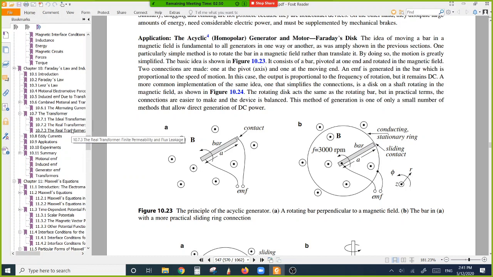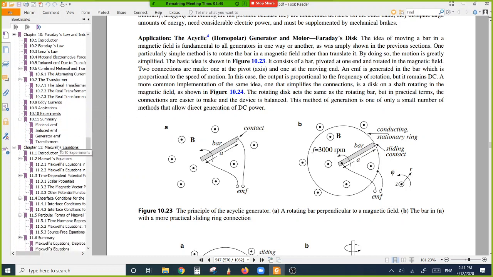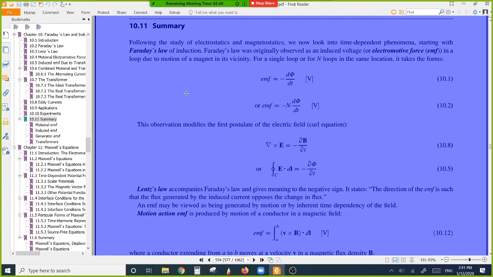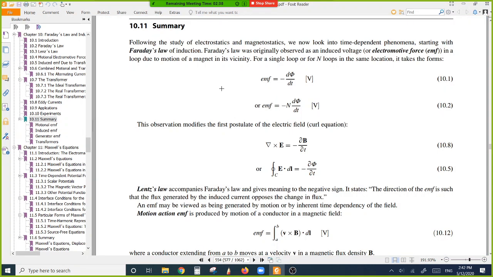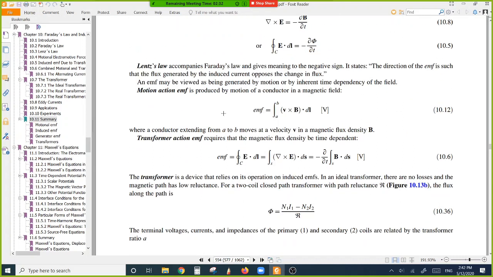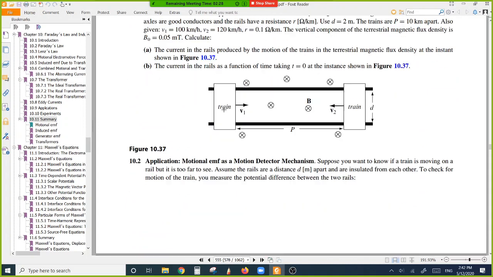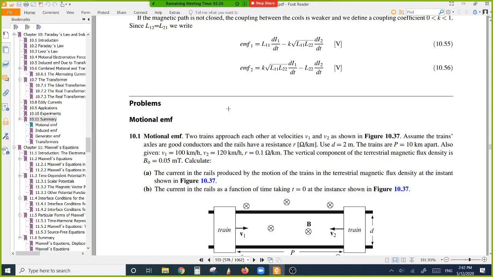Experiments, transformer. Ustoz, have you dropped this book? I think yes. It seems to be different here. Yes, this is a bit different.